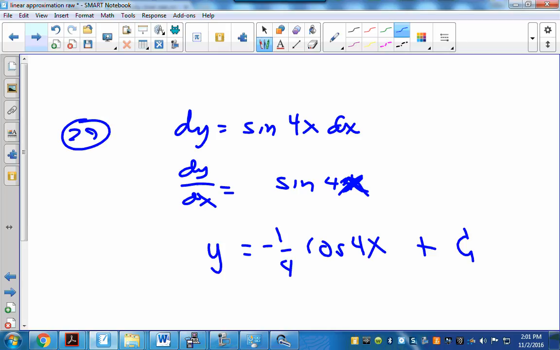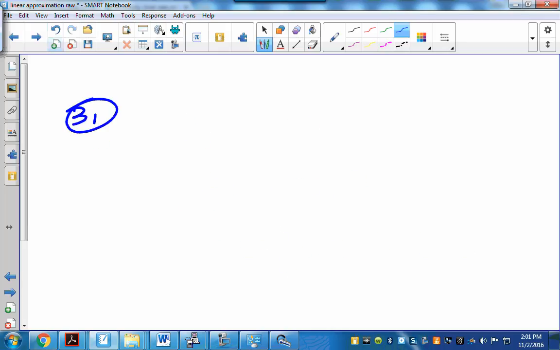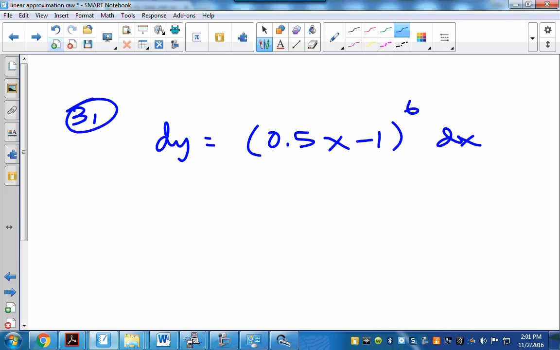Okay, 31. It has dy equal to 0.5x minus 1 to the 6th. So this is sort of a challenge now. Here's the derivative, 0.5x minus 1 to the 6th.